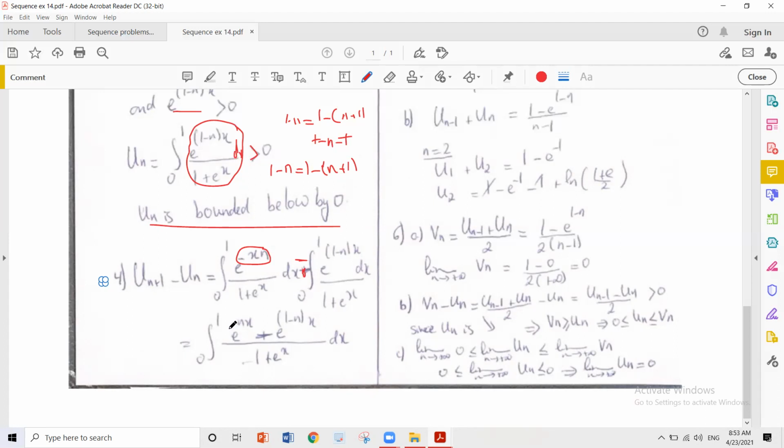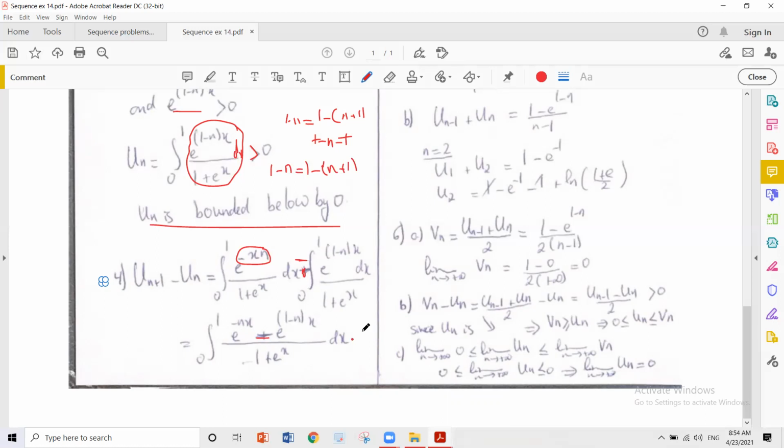Now I put them under the same integral, since we have the same denominator 1 plus e to the x, with the same bounds 0 and 1: e to the minus nx minus e to the power 1 minus nx dx.